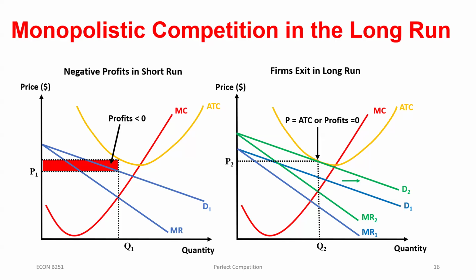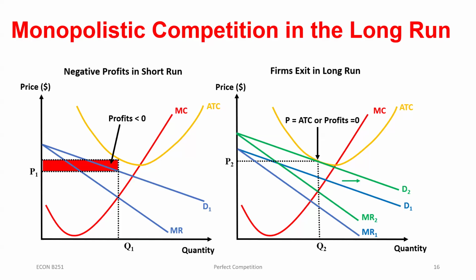Now, I'll point something out here and we'll have a better depiction of it in a second. In this long run equilibrium, notice that the point where profits are 0 won't be the same point as a perfectly competitive firm would get to. Because in the long run, what point on the average total cost curve do all firms get to?